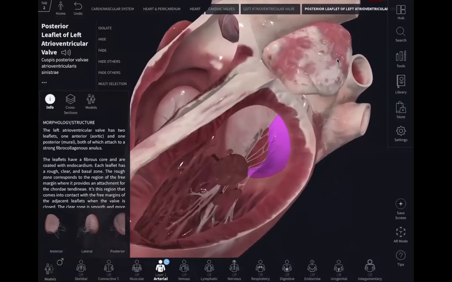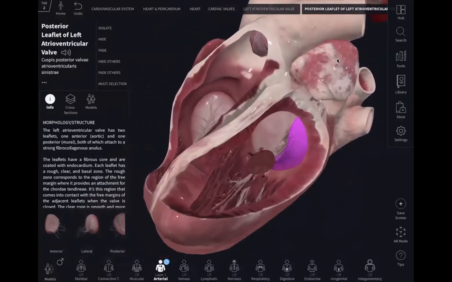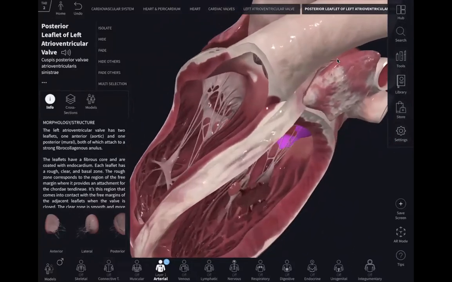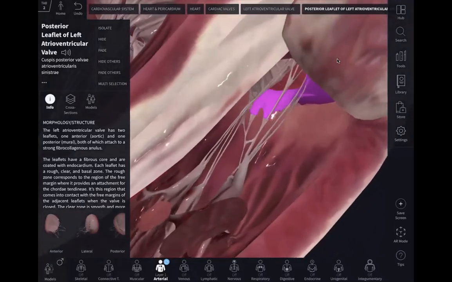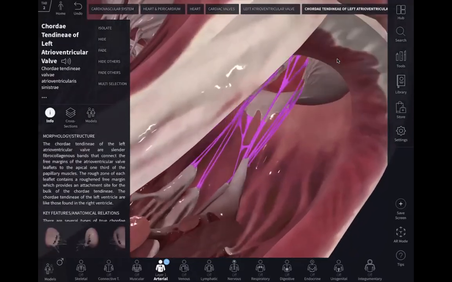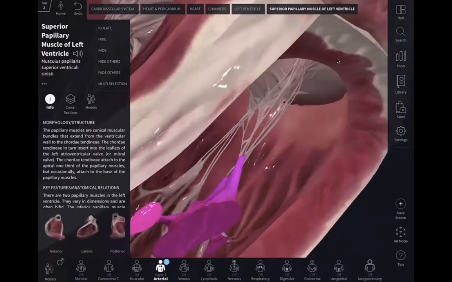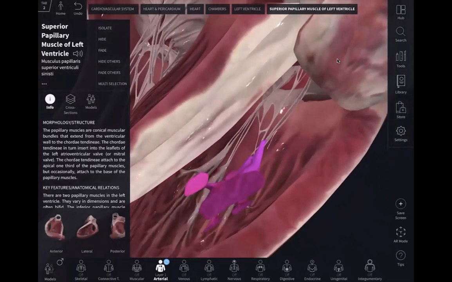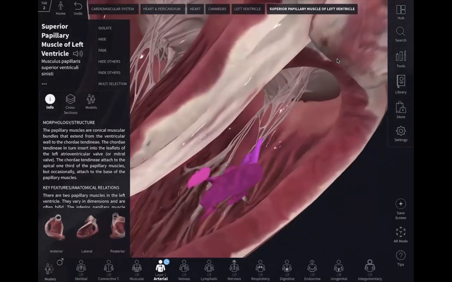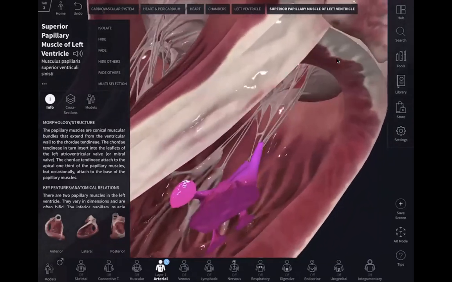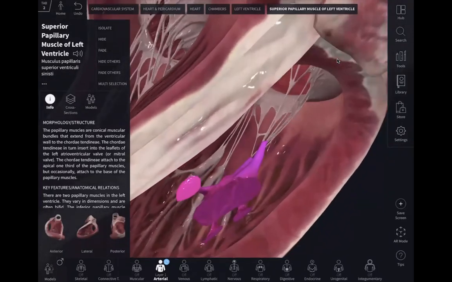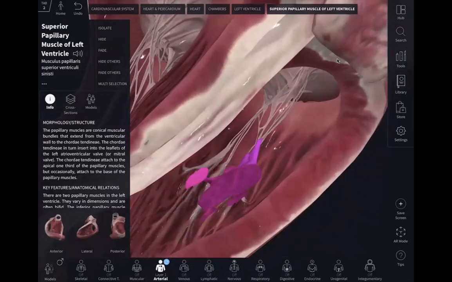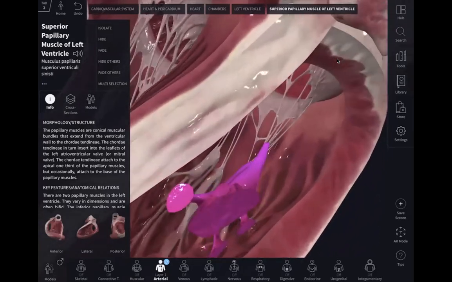Also, there are a few other things you have to know from this. One is what is connected with it: the chordae tendineae and also the papillary muscles. The papillary muscles here are different: some are anterior papillary muscles, and some are posterior papillary muscles. In a cadaveric image, you have to identify them by their location.